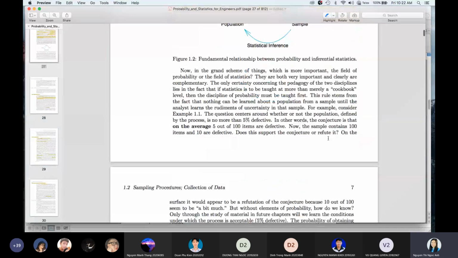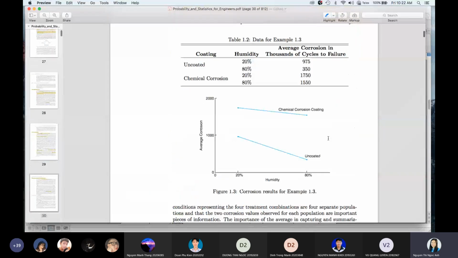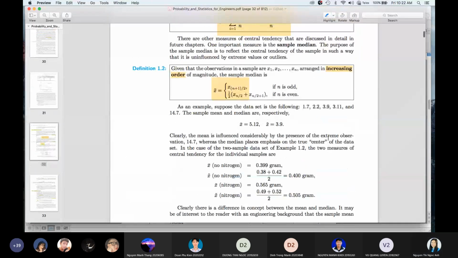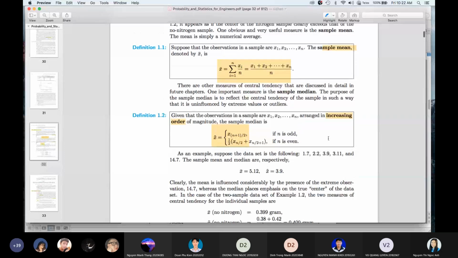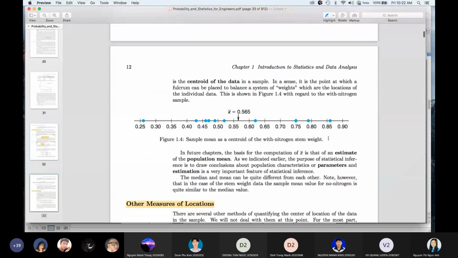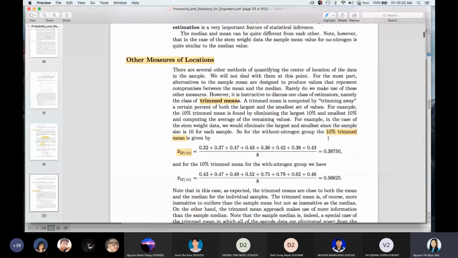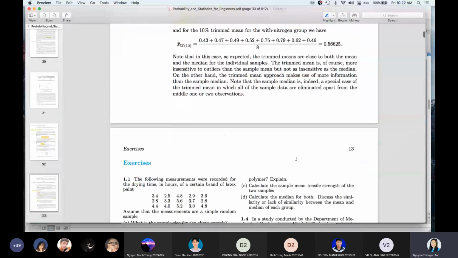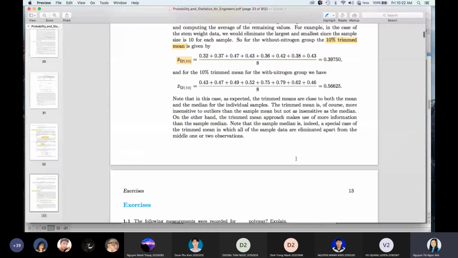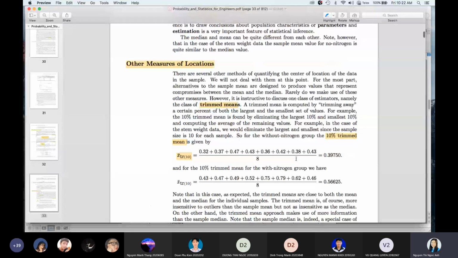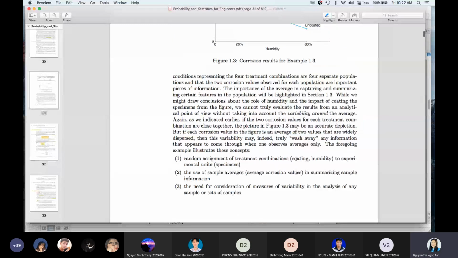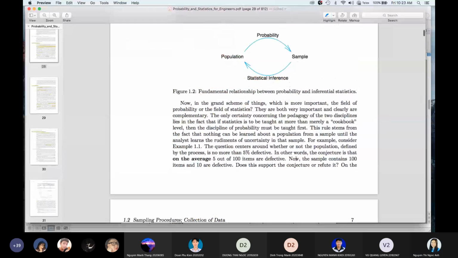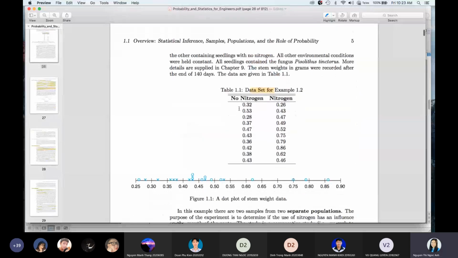Sorry, I don't remember where the data is here. Page 5, the table number 5. Okay, here's number 5.